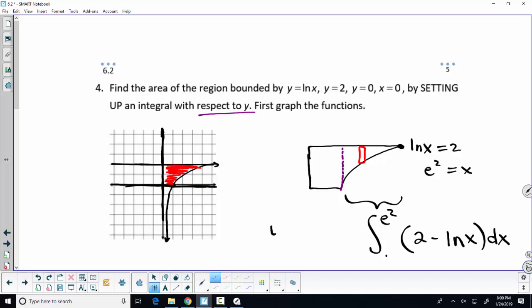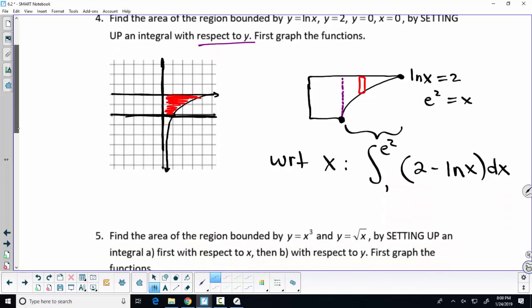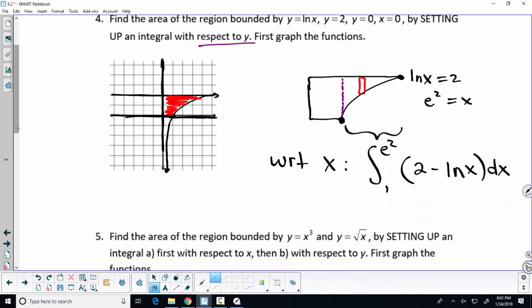So just write this here with respect to x. This is actually our x value where the log crosses the axis. We would go from 1 to e squared on that function. Okay. So that's not a viable option at this point for us to utilize.